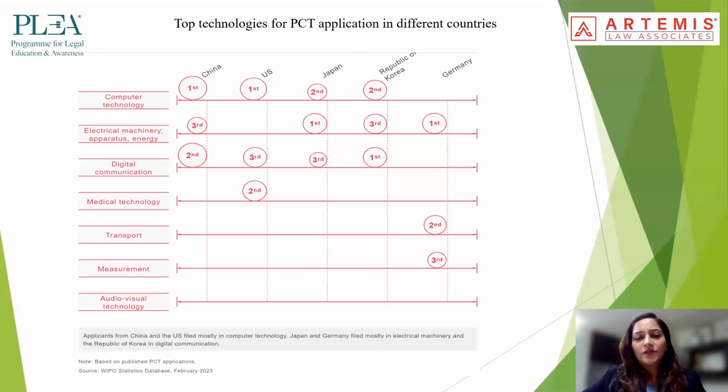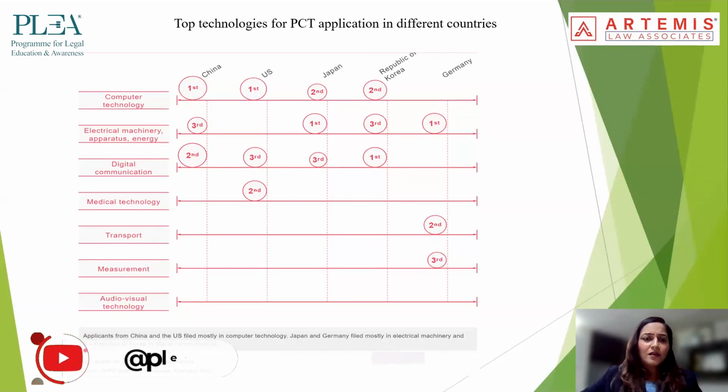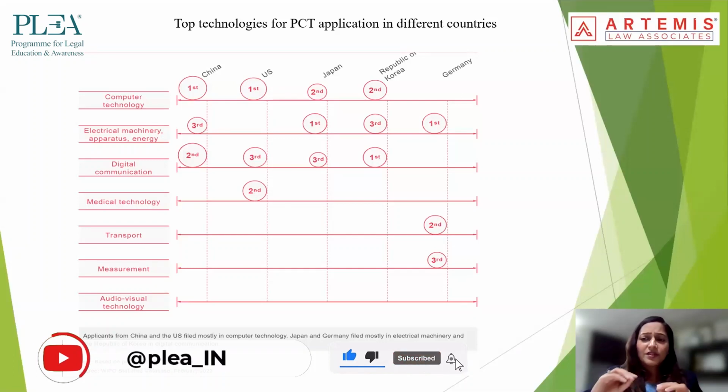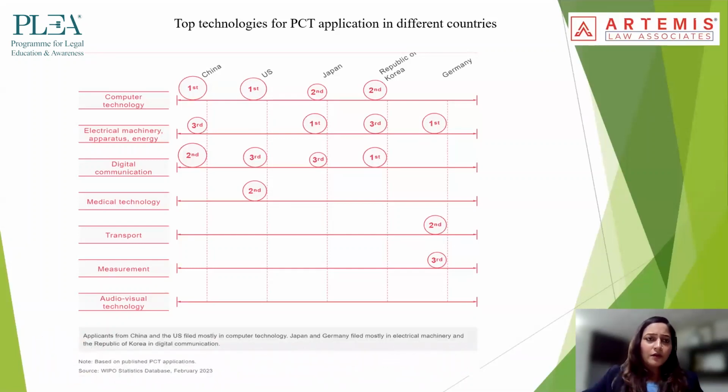What I'm trying to say is, this data will help you understand the technology trend in a particular geography. The US is also first in the computer technology market, and Japan is second. When the top 5 were analyzed, they found out that these are the major domains in which IP was filed.